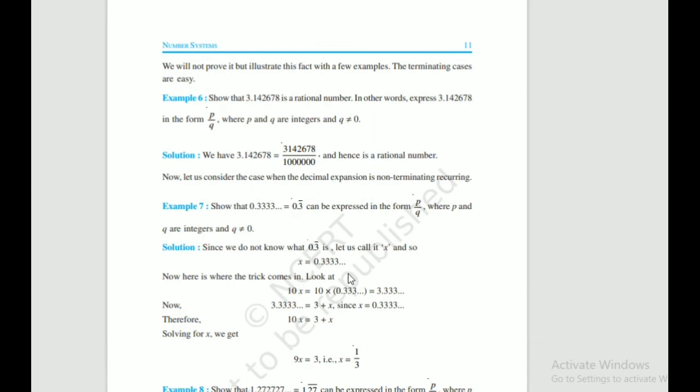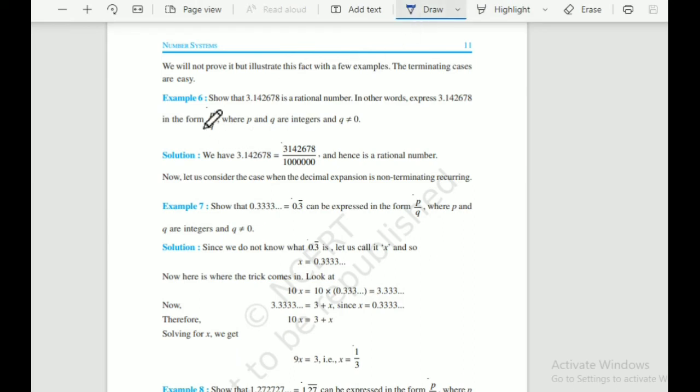Let us try to solve this example. Example 6. They have given a number, and they are saying that show that this is a rational number. How will you do?